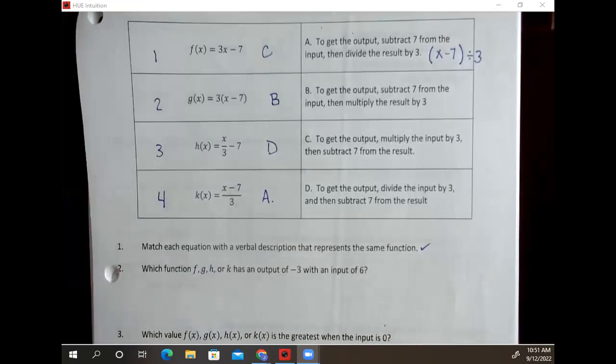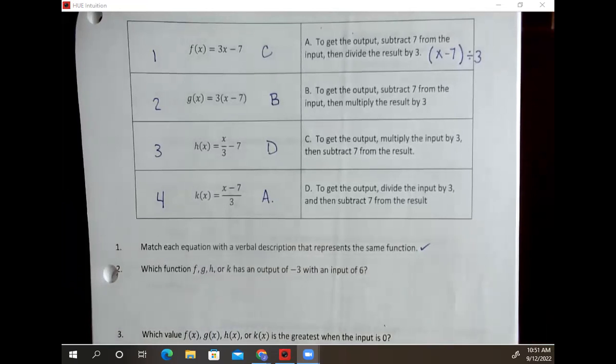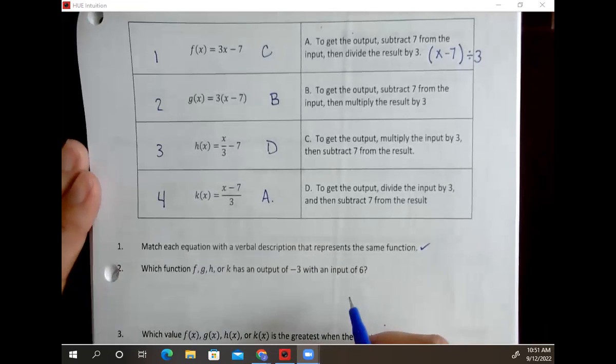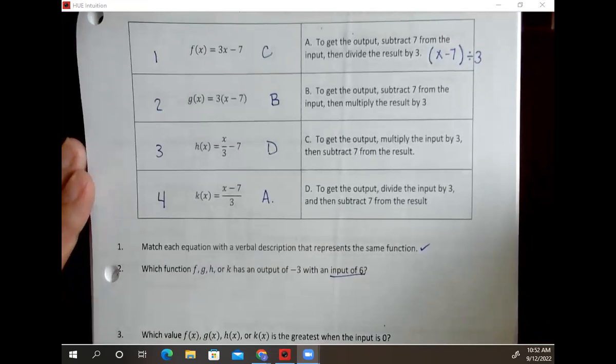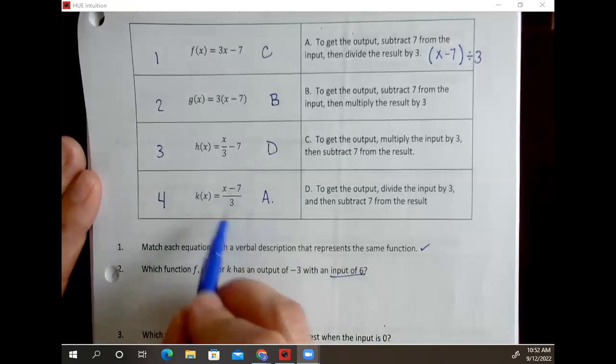Remember, input would be an X value when I'm talking about a function, and output would be like a Y value, or after I simplify, what do I get? So for number 2, it says, which of these functions has an output of -3 with an input of 6? So we worked a lot with inputs and outputs in the last few days when I had a table or a graph or one of those relation maps, but not so much when we had an actual equation or function here.